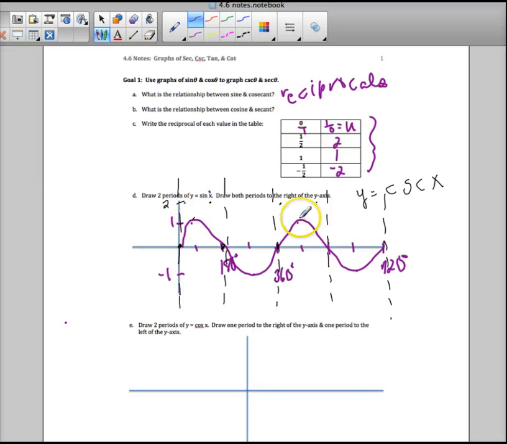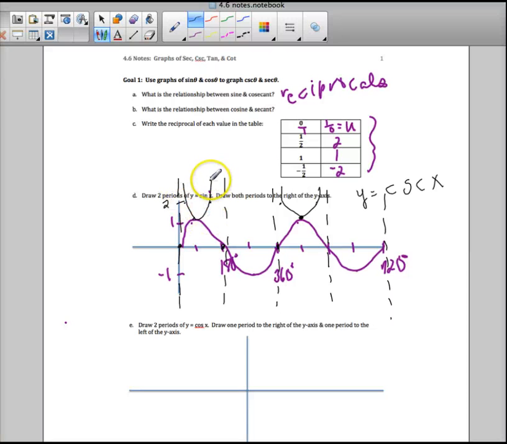Now I'm going to connect those dots, and you see that cosecant looks somewhat like a parabola. Where sine opens down, cosecant opens up; the reciprocal of opening down is opening up.